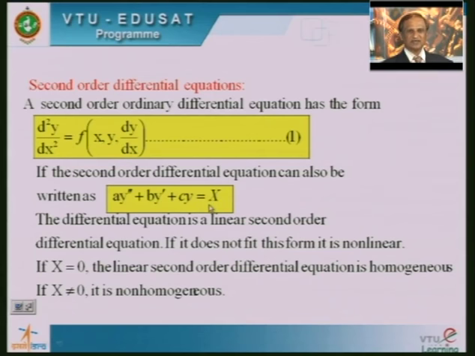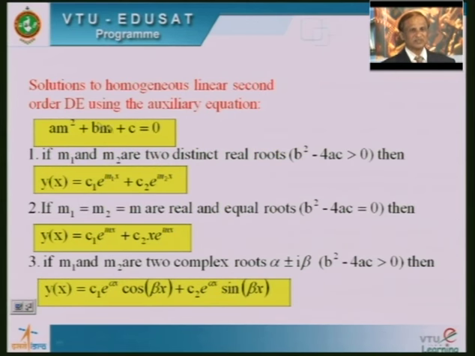So, assume that they have given a homogeneous equation, then how do we find the solution of such equations, right. Solutions to a homogeneous linear second order differential equation using the auxiliary equation. Say for example, the given second order differential equation can be written in this form. It is a symbolic form, right. As I have mentioned, our equation contains dy by dx, and I have replaced d by dx by capital D.